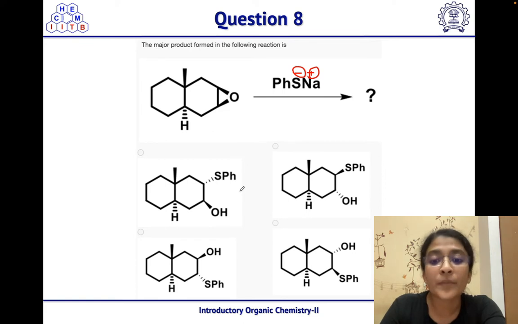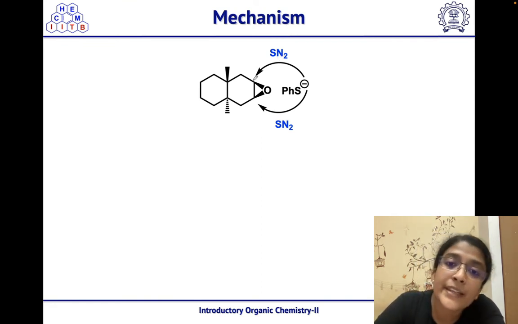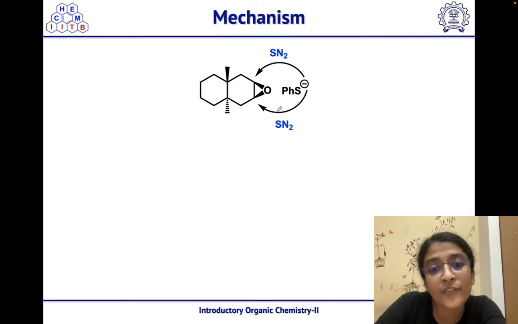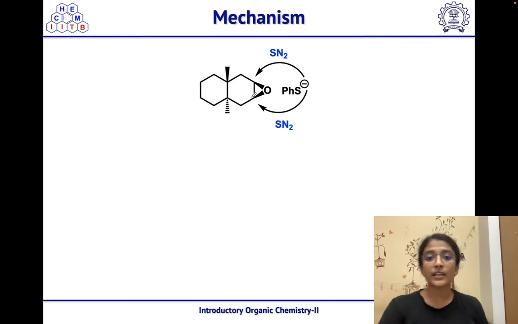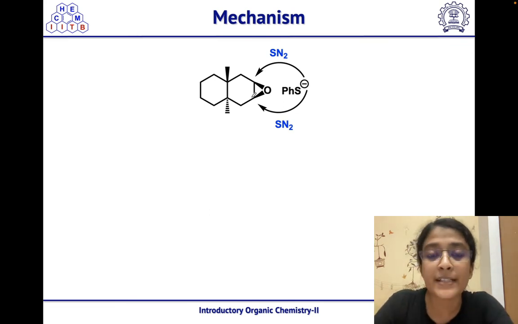So coming to the mechanism, here this PhS minus is a nucleophile. It can undergo an SN2 reaction. SN2 reaction means there will be an inversion of stereochemistry. It can attack from this side or from this side. Which side gives the major product, we will discuss later.